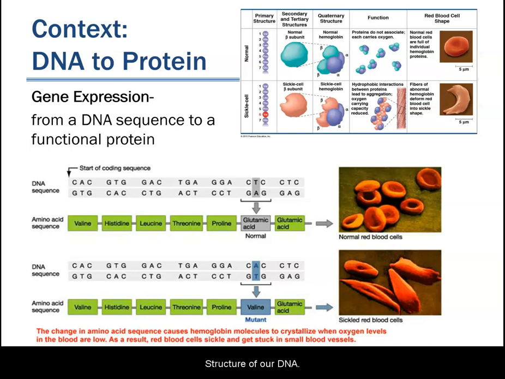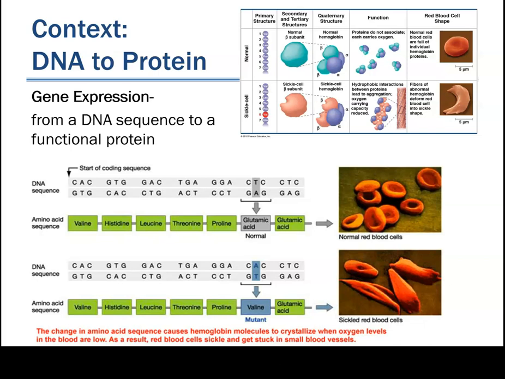The structure of our DNA is such that it is information coding, which means you can use the sequence of the DNA monomers, called nucleotides, to produce proteins.